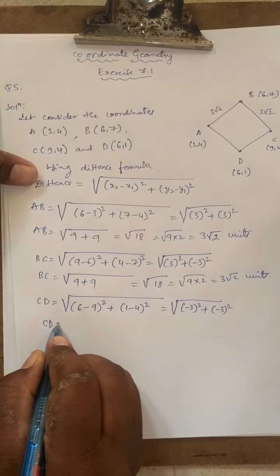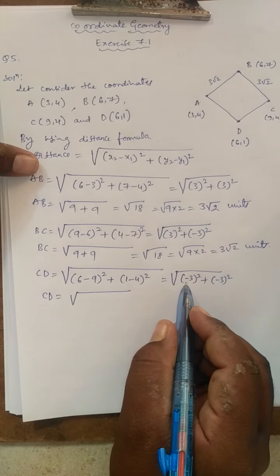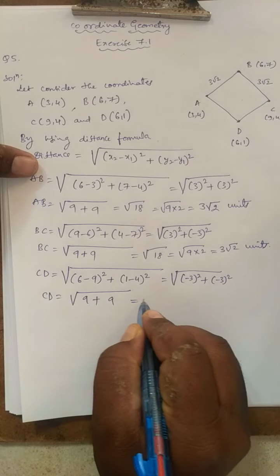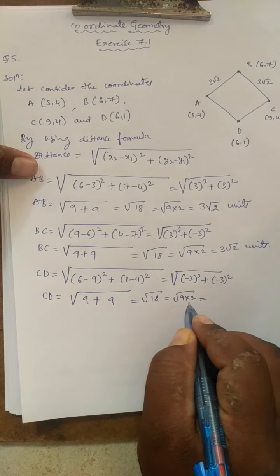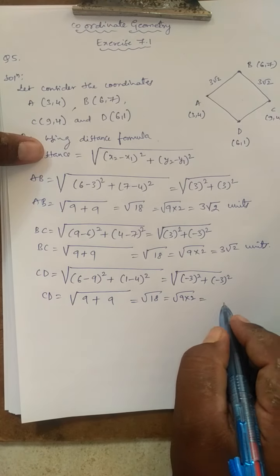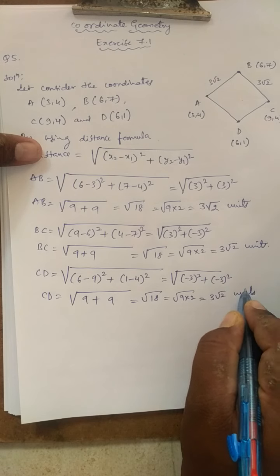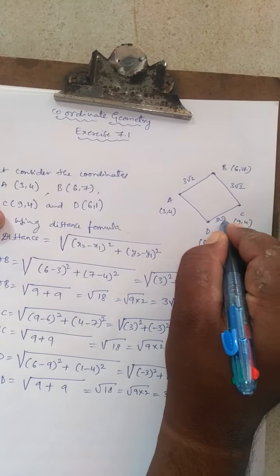So CD is equal to the square root of minus 3 square is 9 plus minus 3 square is 9. Again it becomes root 18. The simplest form is 9 into 2. If you bring 9 outside from the square root, it becomes 3 root 2 units. Now we got this also as 3 root 2.